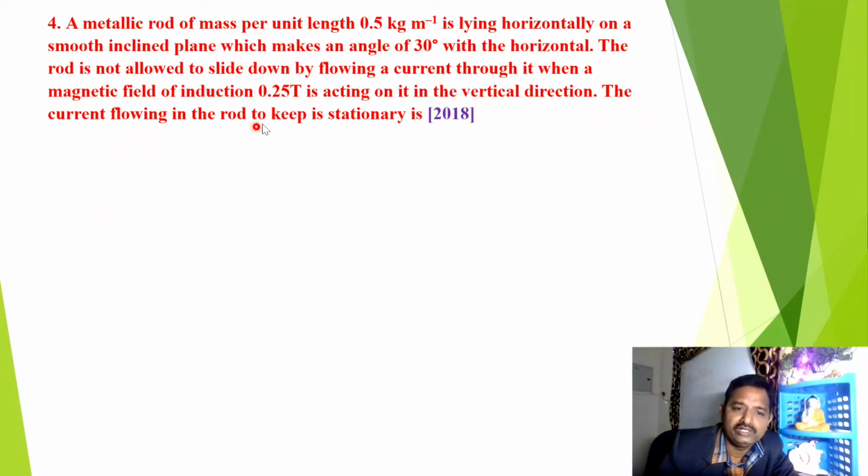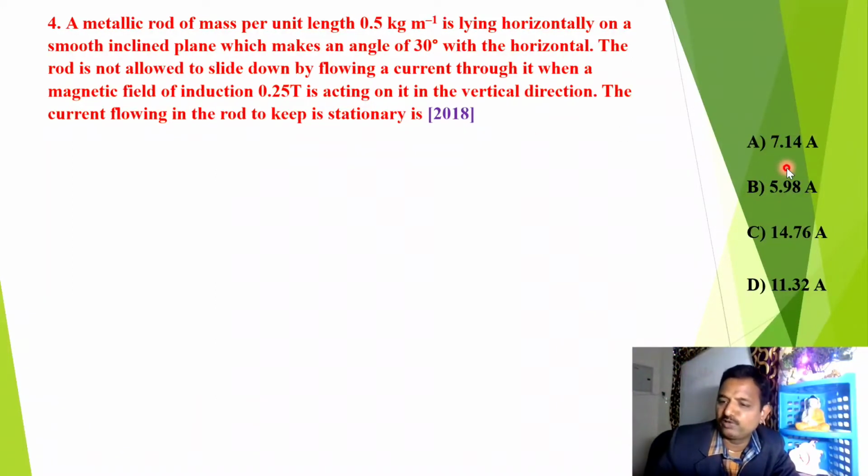The current flowing in the rod to keep it stationary is? It was given in 2018. Options: option A 7.14 ampere, option B 5.98 ampere, option C 14.76 ampere, and option D 11.32 ampere. Here is the solution.